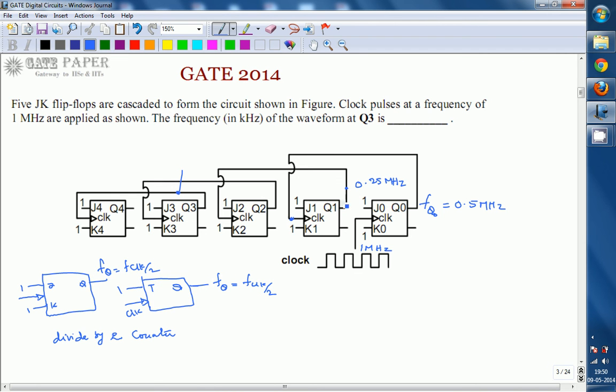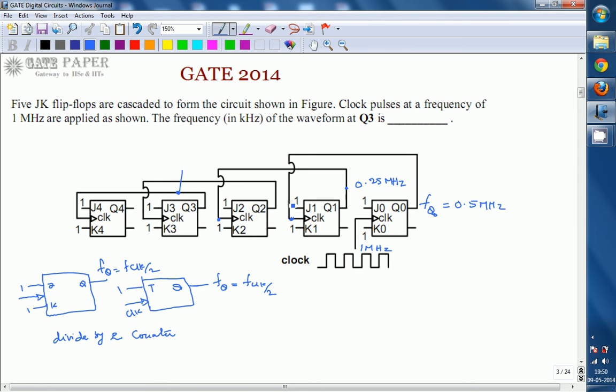Now Q1 is connected as the clock for the Q2 flip-flop. So the clock frequency of Q2 is the same as the frequency of Q1, that is 0.25 MHz, and J and K are both at logic 1, so Q2 acts as a divide by 2 counter.